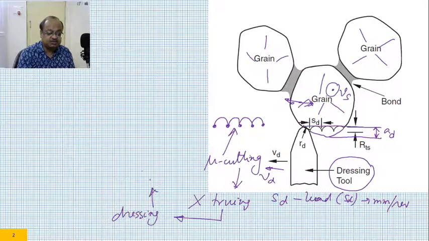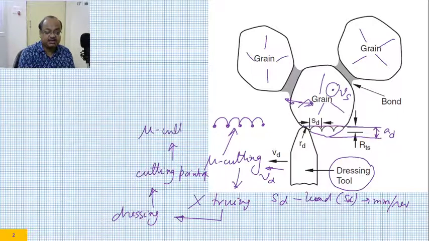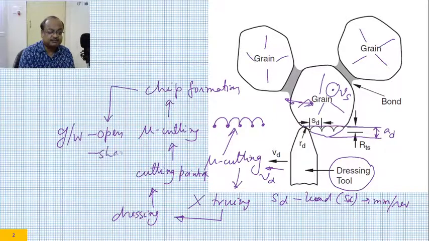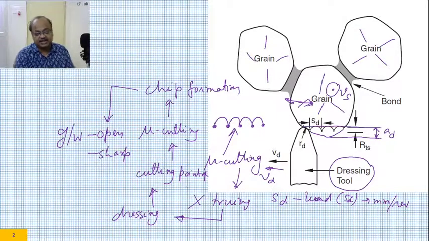Because if you do this, then the number of cutting points would increase. So you would have better micro cutting and better chip formation. And if you have better chip formation, you can qualitatively say your grinding wheel is more open and sharp. So that is the idea.